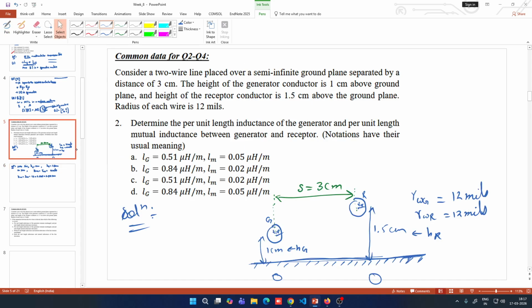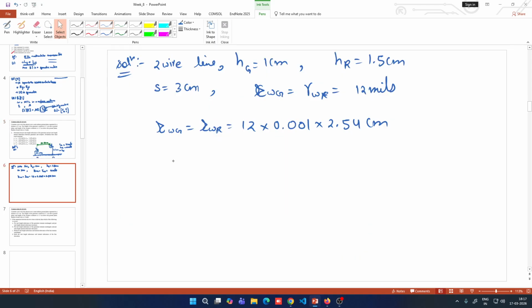So the first part in the problem, we have to find the per unit length inductance of the generator. The inductance formula that we have already seen is given by Lg equals mu naught by 2 pi ln of 2Hg divided by Rwg.